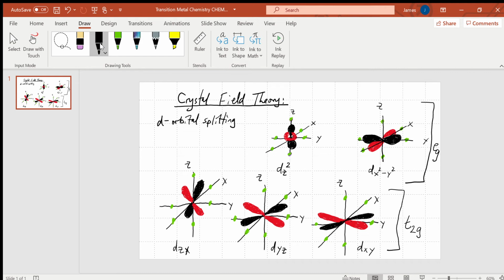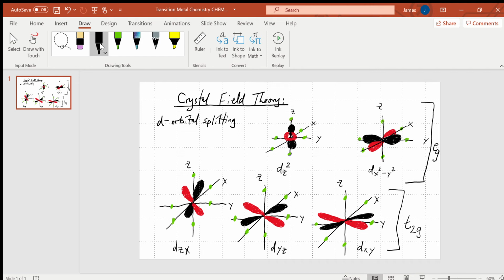But the thing we should point out, instead of 5 degenerate orbitals, because of the splitting caused by the proximity of the ligands, these green spheres I have here, we've now got 2 separate collections of orbitals. We've got a collection of 3 and a collection of 2: the eg set, and then the t2g set.